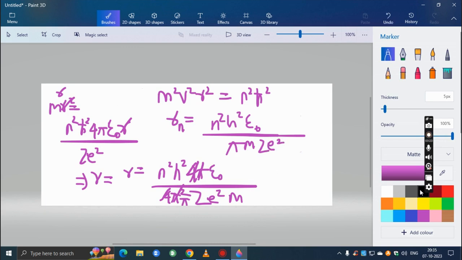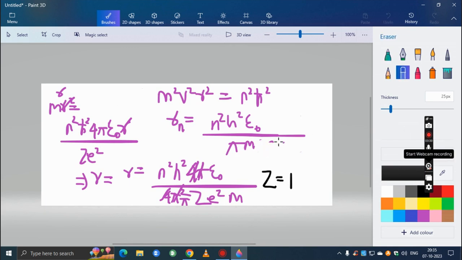And since we're talking about a hydrogen atom, Z is going to be 1. So I can neglect the Z over here, and I get n square h square epsilon naught by pi m e square.